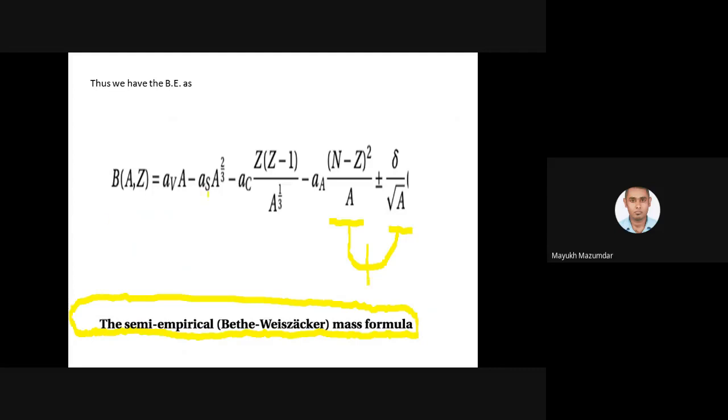And the first three terms you can say are much more theoretical. So it is called semi-empirical. It is partly based on experimental data, and partly based on some theoretical assumptions. I would suggest you to mug up this formula.